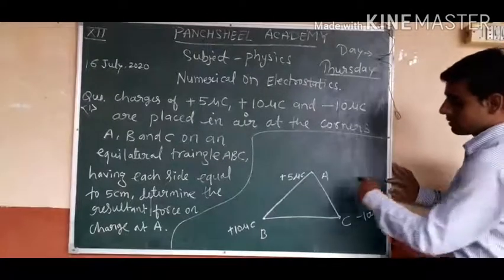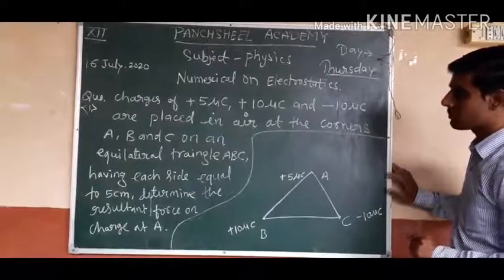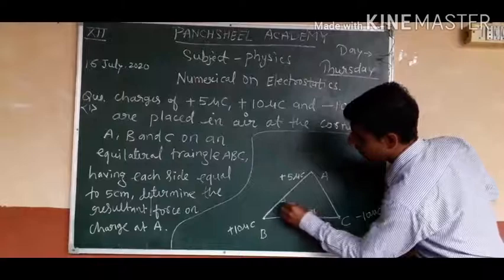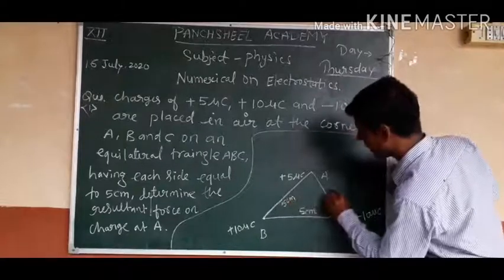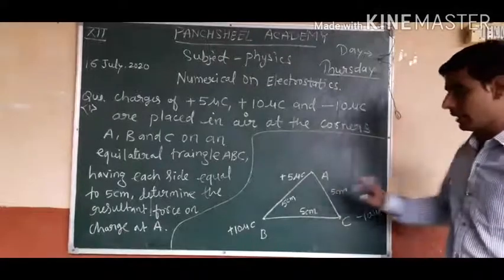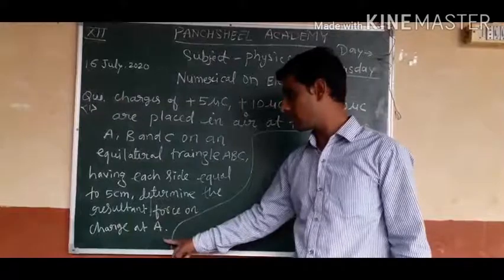These three charges are placed like that, having each side equal to 5 cm. This side is also 5 cm, this side is also 5 cm and this side is also 5 cm. Determine the resultant force on the charge at A.